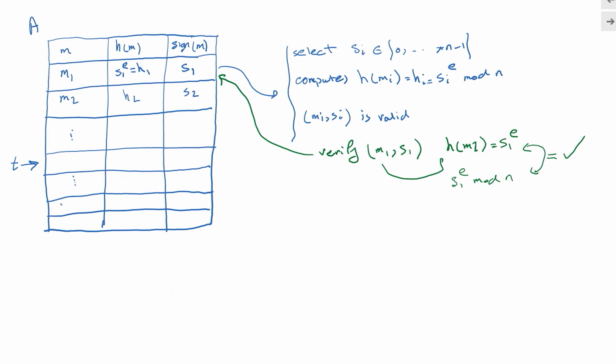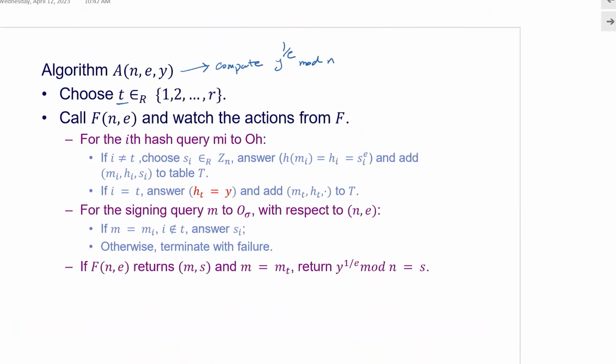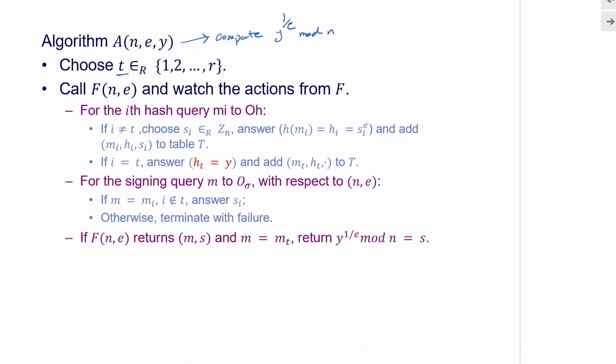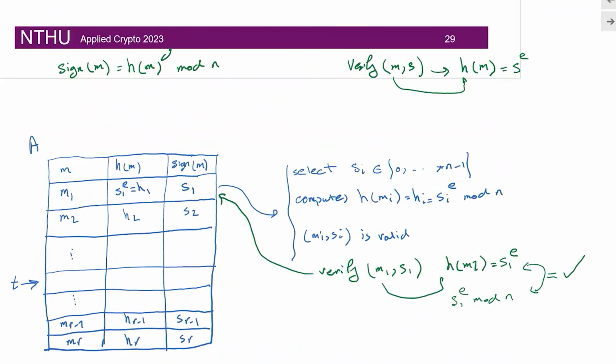So M_{R-1}, then H_{R-1}, then S_{R-1}, and finally M_R, H_R, and then S_R, right? Everything is the same, but we had this condition that when he asks for the query at the location T that we chose, that is something we should go back to.